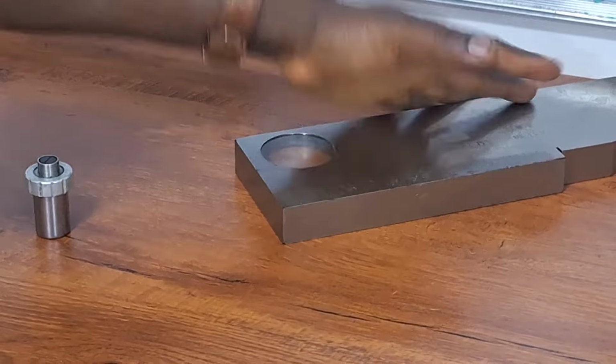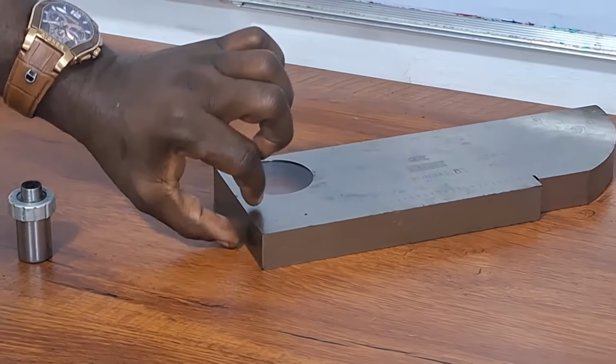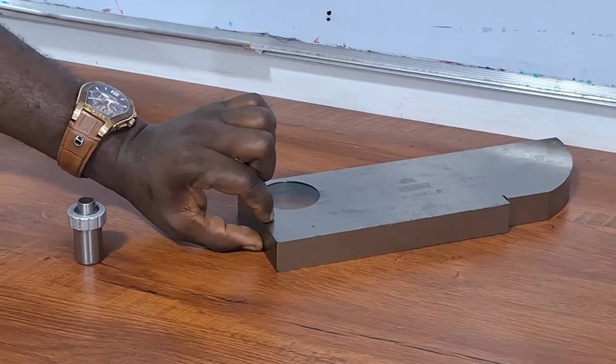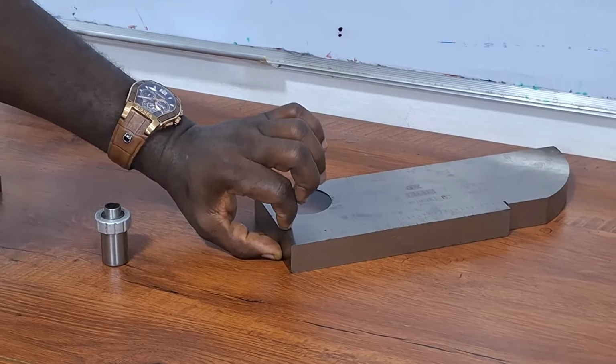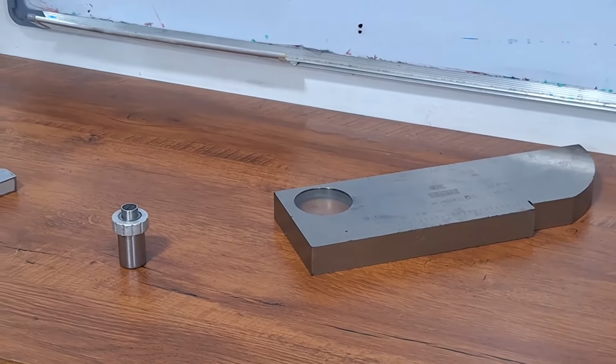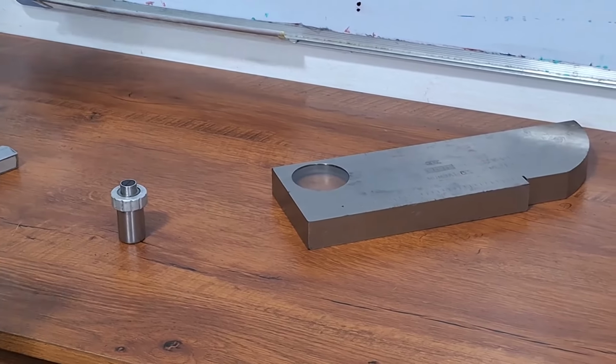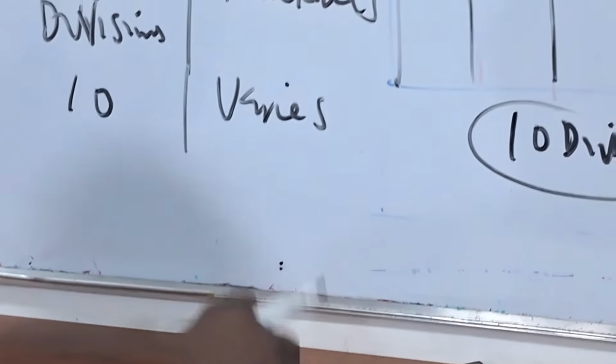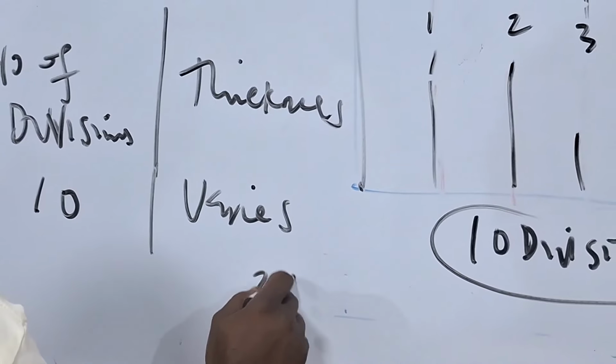For this block, this thickness is 25 mm. If we compare it to our range and number of divisions, the thickness for this block that we are using for this demonstration is 25 mm.